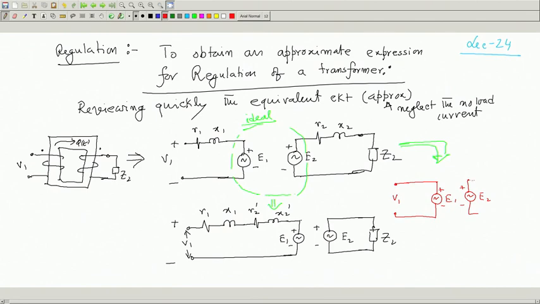Here you do not neglect R1 X1, but push it here, it will be R1 by a squared, X1 by a squared, and then R2 and X2 do not disturb, and then Z2. This is also correct.